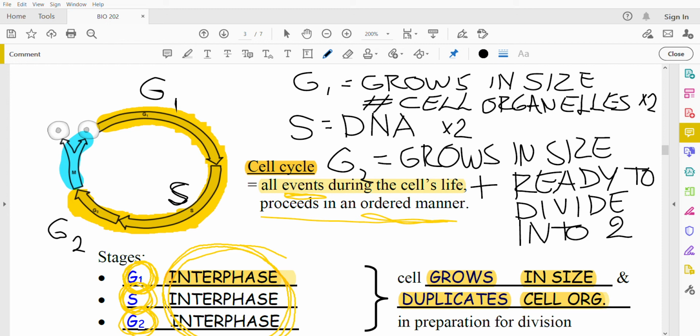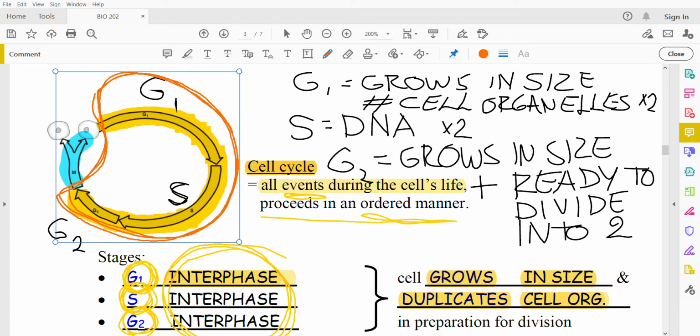Okay, so those are the stages that the cell spends most of its cell cycle in. The biggest part of the cell's lifetime is spent in interphase. So that's the majority of the cell's existence, spent on these stages that prepare it to divide into 2.